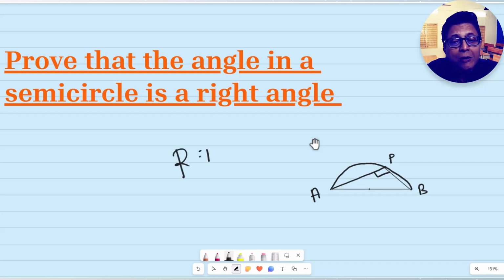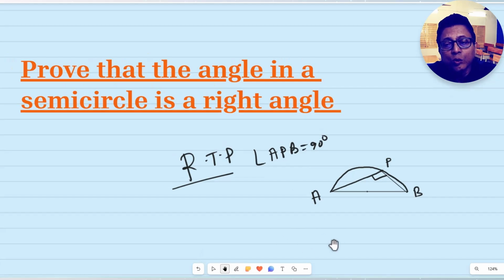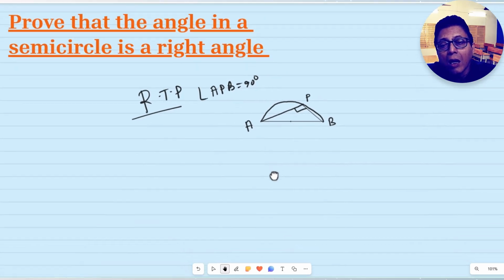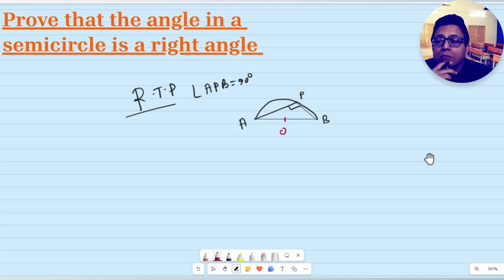Required to prove angle APB equal to 90 degrees. Okay. I did not show the center. Center is there definitely. We take the center O over there.